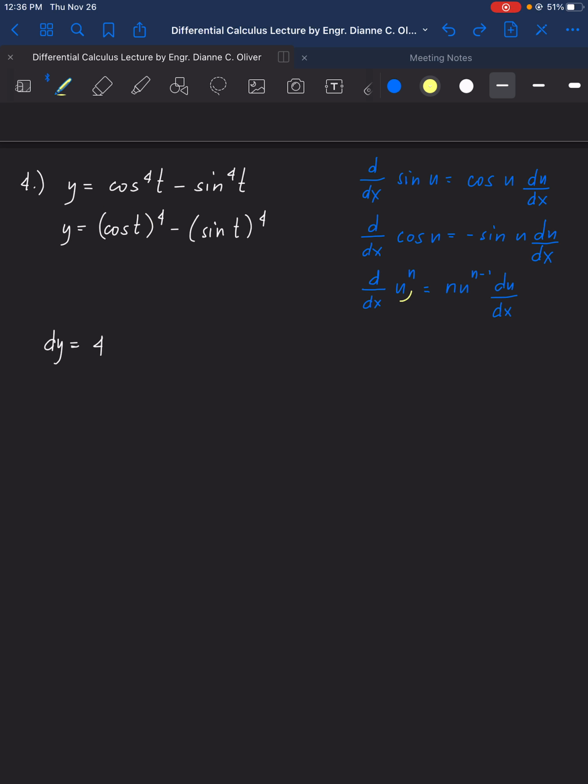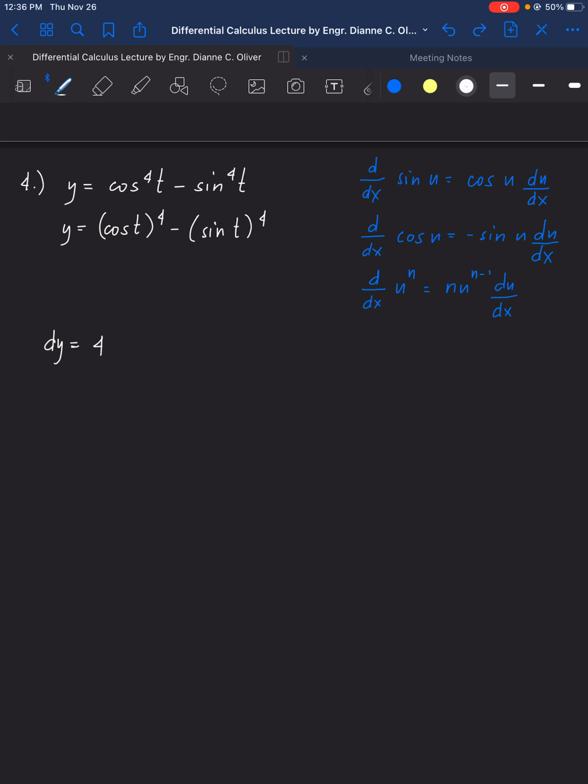So this is the cosine t, this is the 4. And then later on, what is inside of here, u here, or the cosine t, will be needed for this portion, the derivative of u.